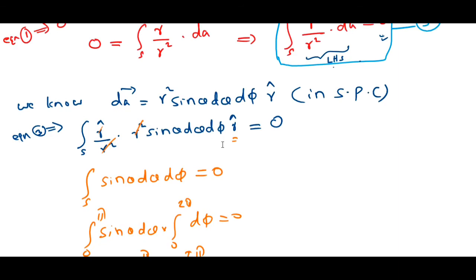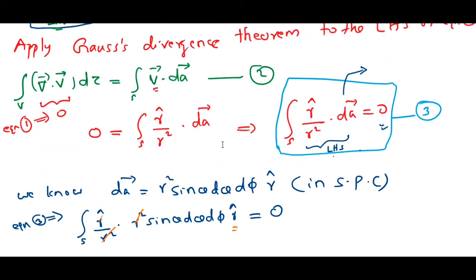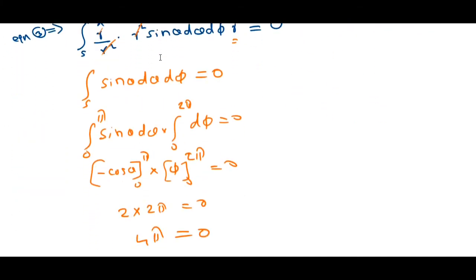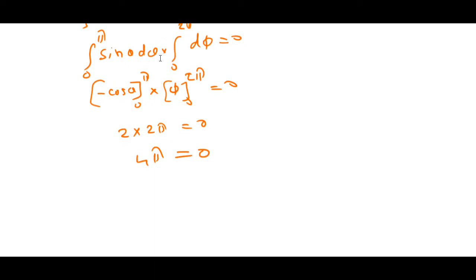See, what we obtained is that when we evaluated the LHS of equation 4, instead of giving the value 0, it gave a value of 4 pi. Then where is the problem?